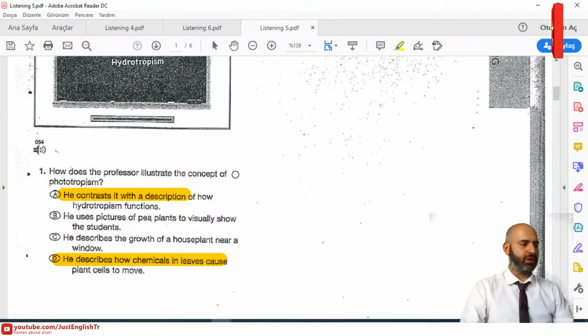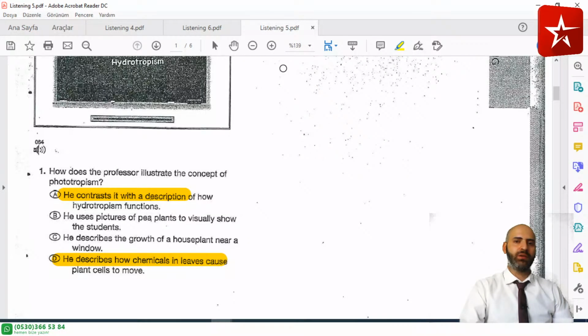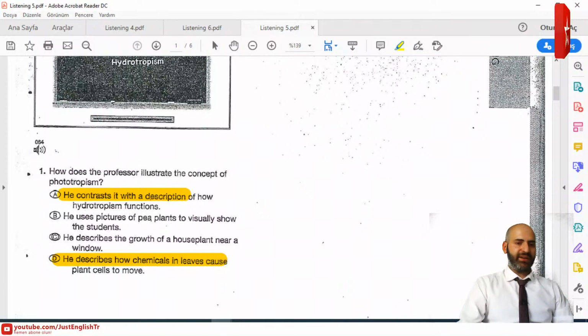Ece, you are correct, and Dilara is also correct. Pea plant was not about this. So our answer is definitely C. Nice.